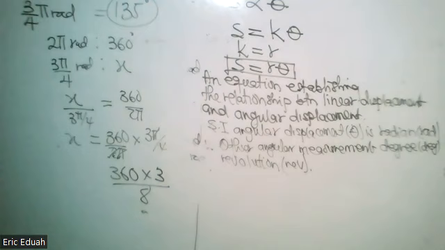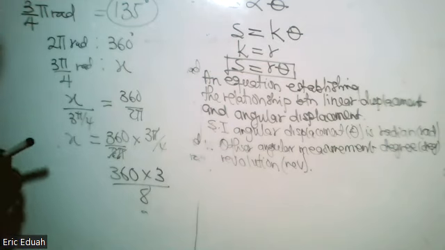Yes, please. Mr. Dia. Hello. Please, the 3 on 4 pi, the one that we changed to degrees, can't we use that one to find the one in revolution? Come again.